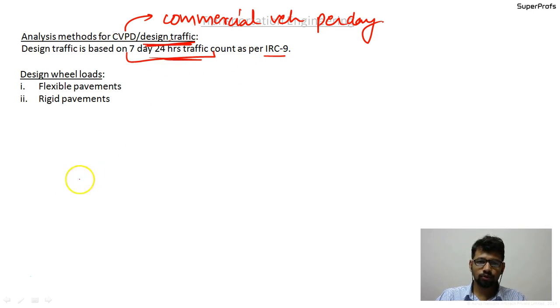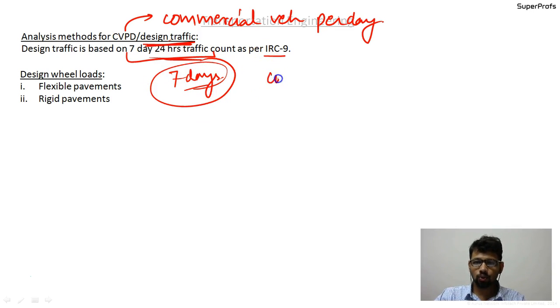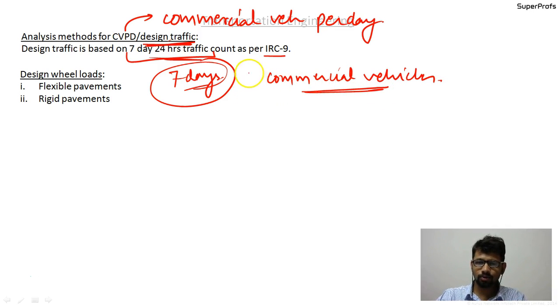In this, you stand beside the road continuously for 7 days and count the number of commercial vehicles, only the commercial vehicles, which we have already discussed. There are different methods to do that, you can do recordings and all, but the aim is to find the number of commercial vehicles for 7 days continuously, 7 by 24.